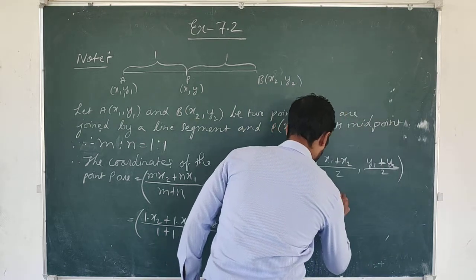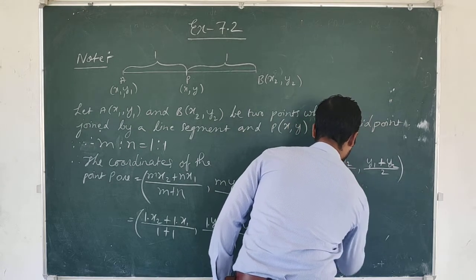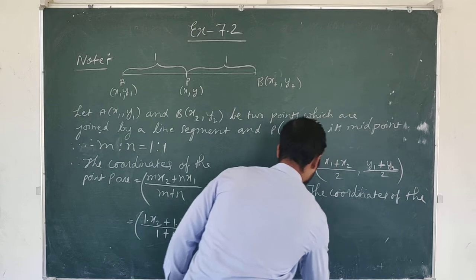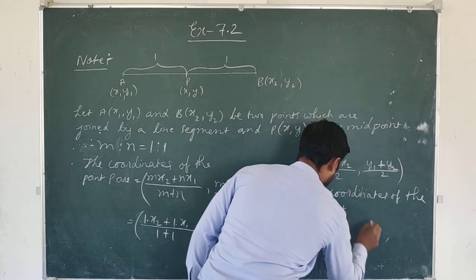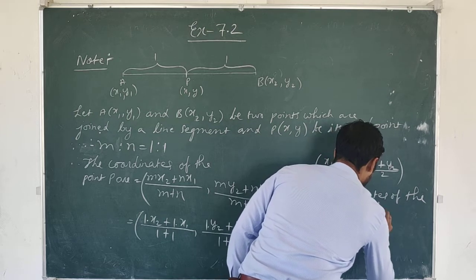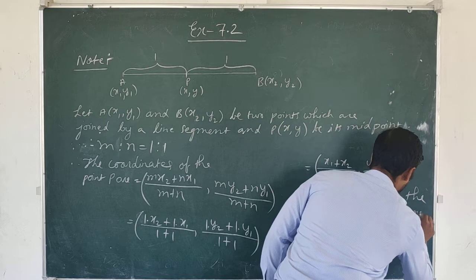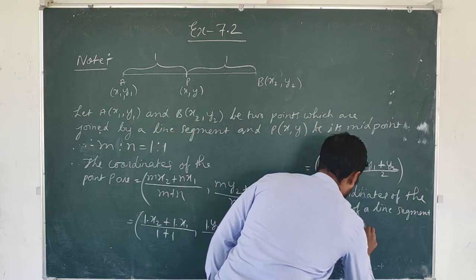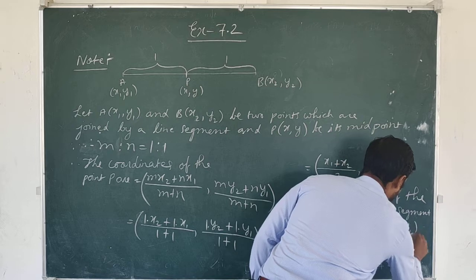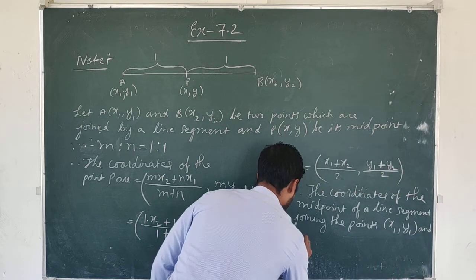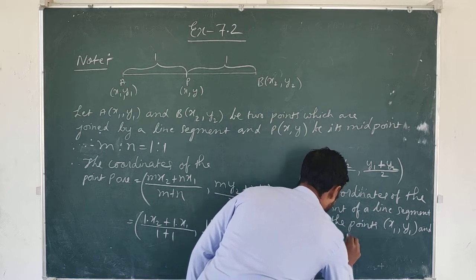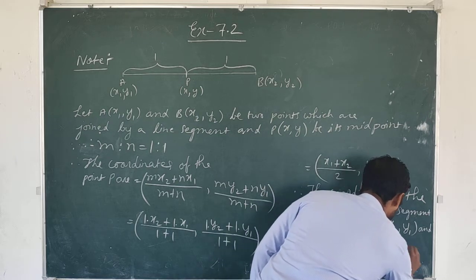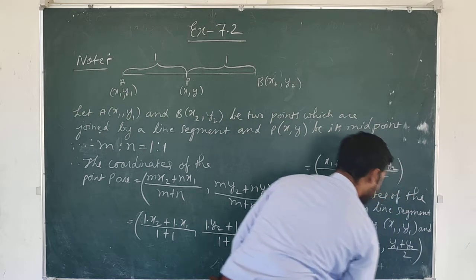Therefore, the coordinates of the midpoint of a line segment joining the points (x1, y1) and (x2, y2) are (x1 plus x2) by 2, (y1 plus y2) by 2.